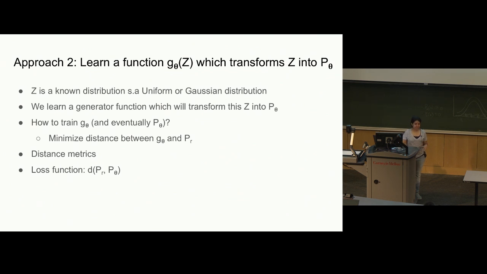For minimizing this distance, how do you measure the distance between these two different types of functions? There are several distance metrics used for that. While you're training, your loss function would be minimizing the distance between these two distributions, PR and P theta, where P theta is being approximated using G theta.